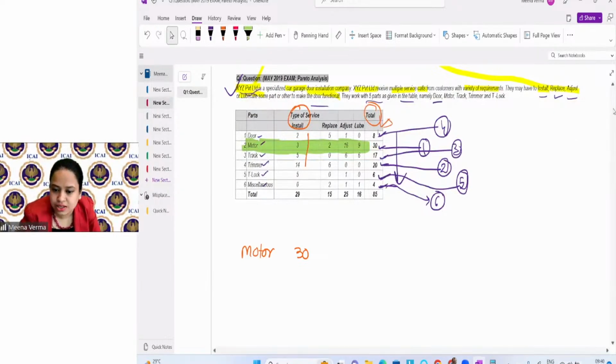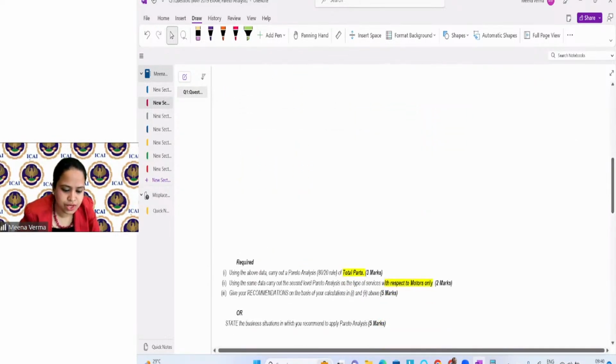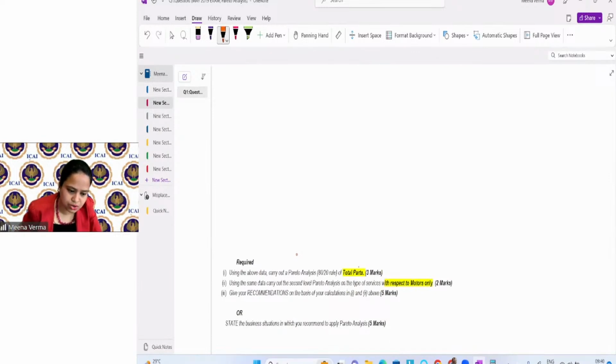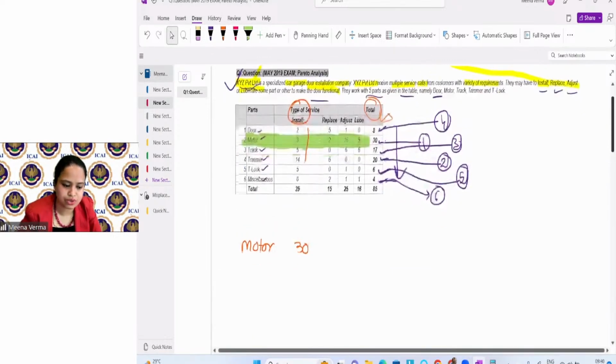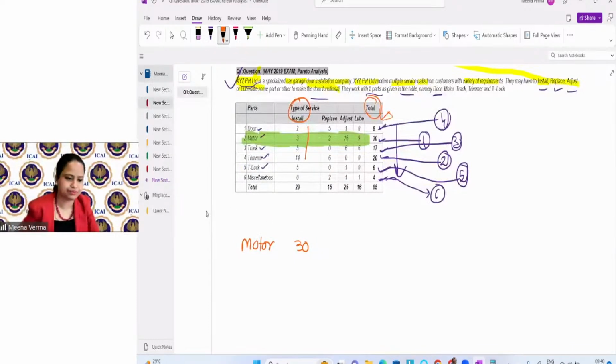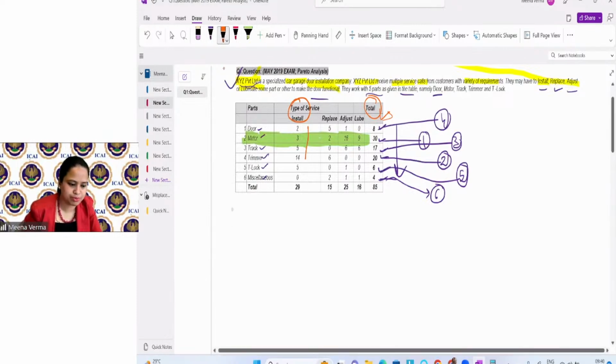It is clearly given in the question that we have to make the Pareto chart for the parts, not for the services. We are assuming the parts. First is motor. So motor has the highest part, 30.